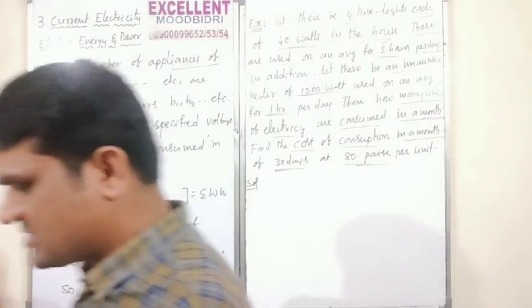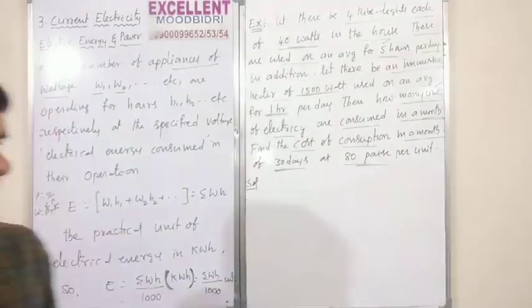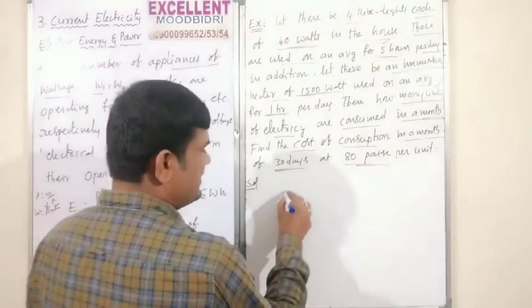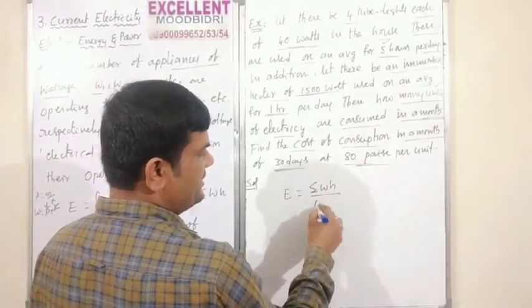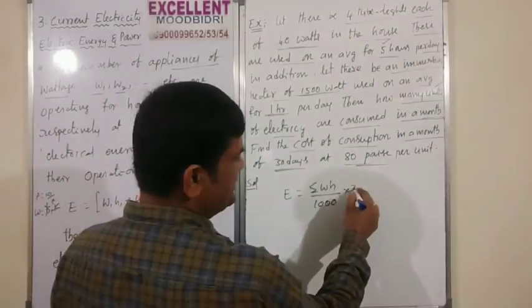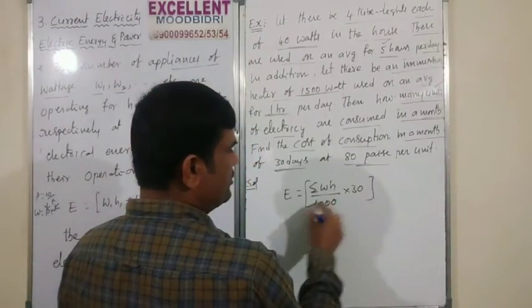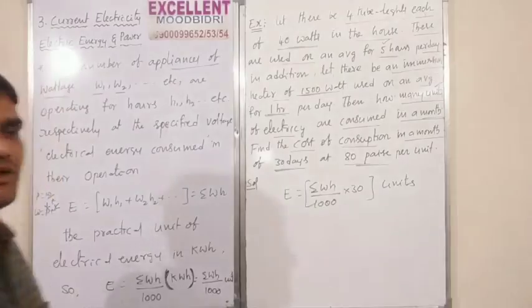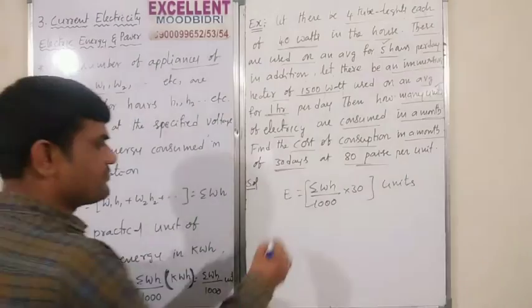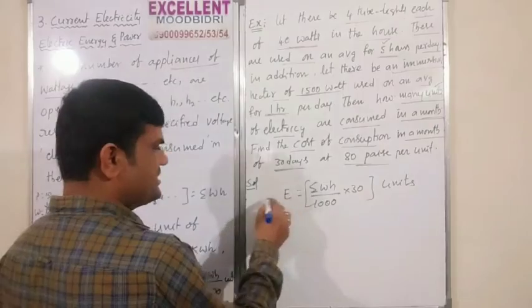So now energy: total summation WH by 1000 into 30 days, in kilowatt hour, is equal to units. So this is the energy, meaning the number of units.